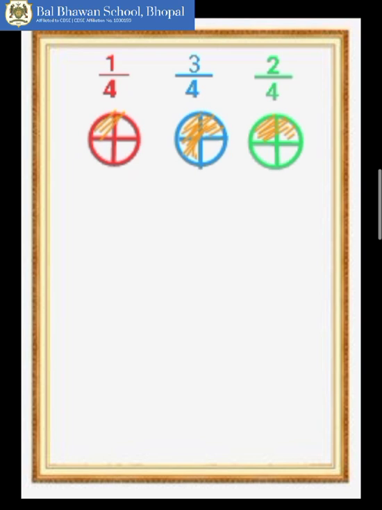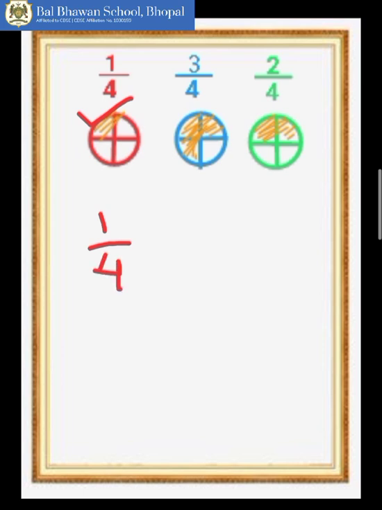The picture which has minimum portion shaded is actually the smallest fraction. So, the first one, which has one portion shaded, is the smallest fraction, that is 1 by 4.